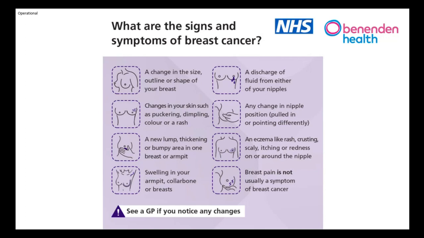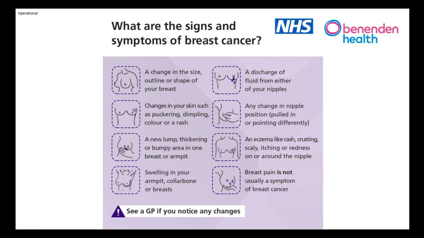So to recap, some signs and symptoms of breast cancer are a lump or thickening in the breast or the armpit, and a change in size, shape or feel of your breasts. Think about your oranges and lemons as well. Oranges says skin changes in the breast, anything that looks like orange peel really. It could be puckering, dimpling, a rash or redness of the skin.